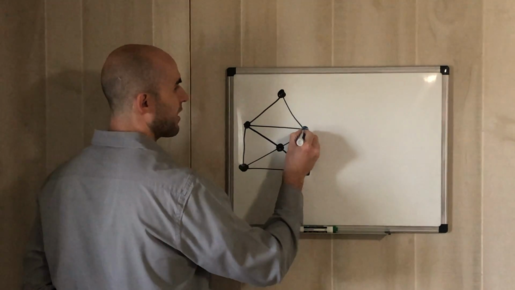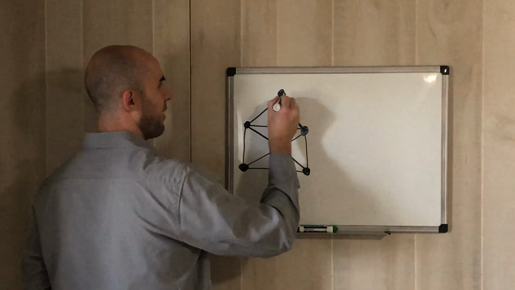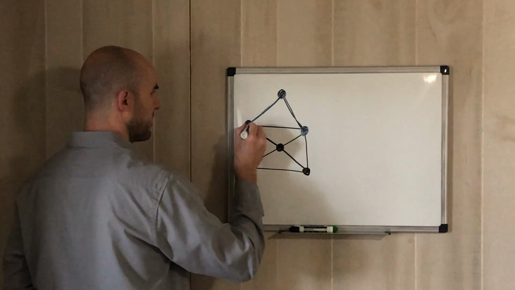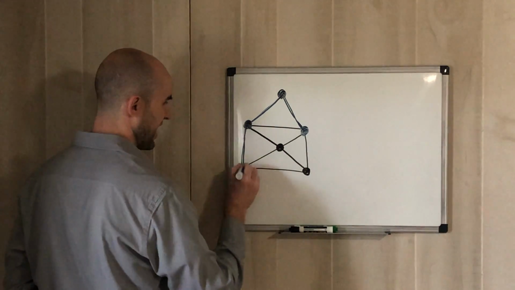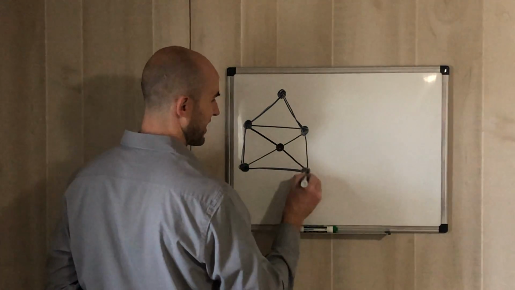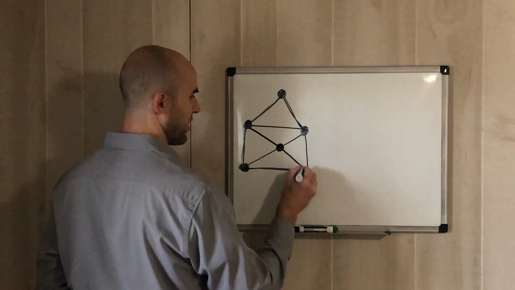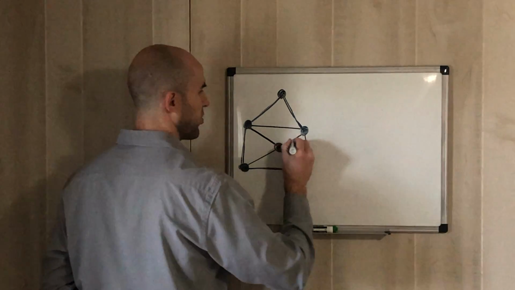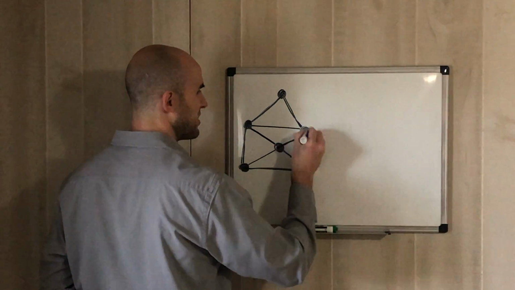So we start here, let's go here, right? We connect that. Let's go here, we connected that. And there's not just one way, guys. Go here, we connected that, right? We go here, we connected this one. And now the good thing is we can actually go back to where we started.